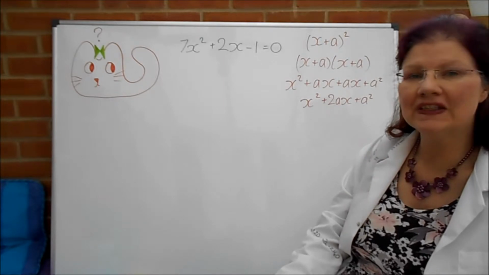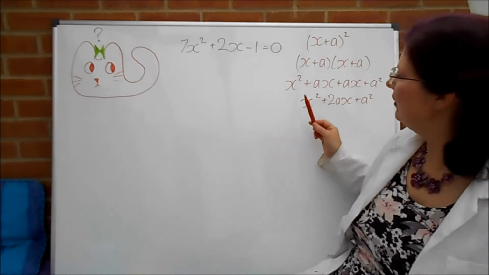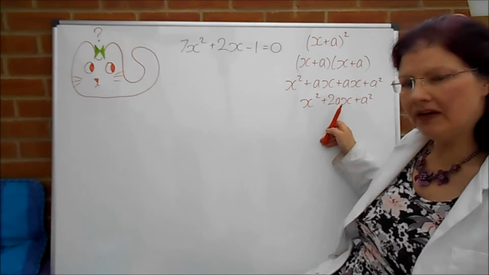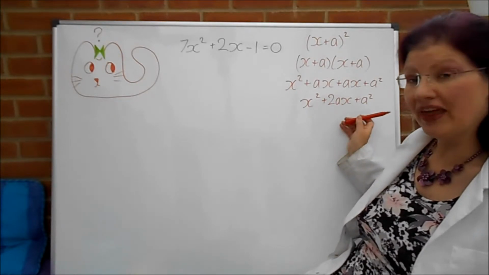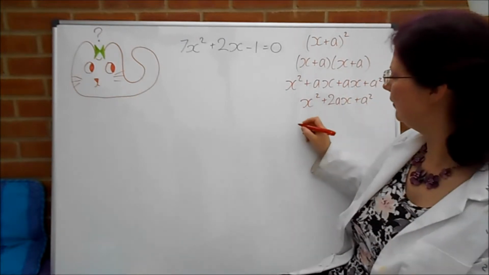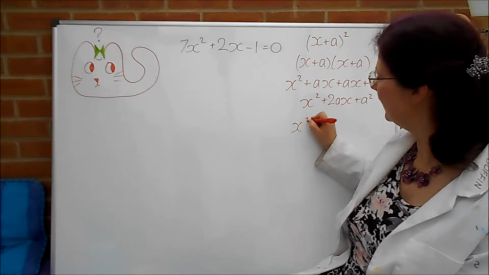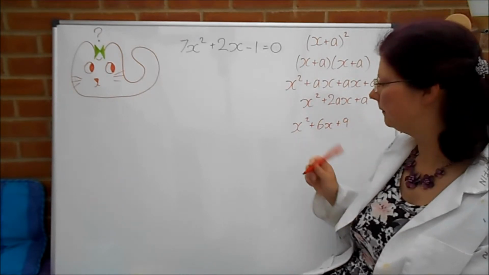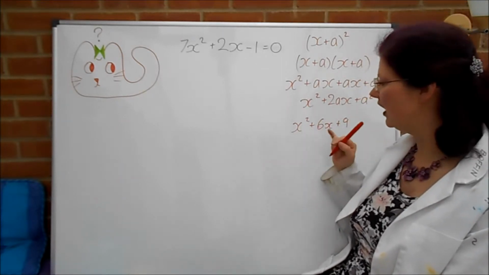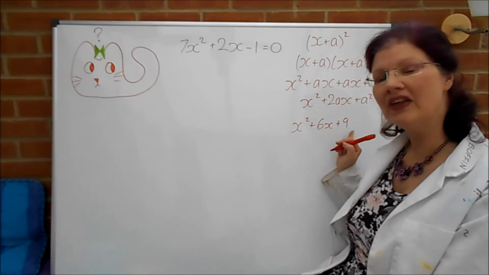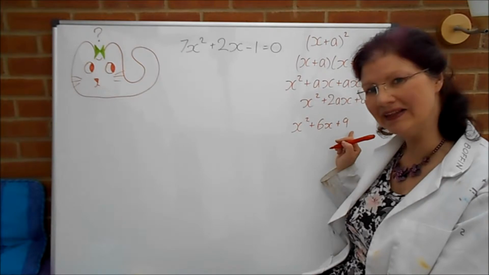The point of this is that any quadratic that's in the format of x squared plus double a number x plus that number squared will be a perfect square. For example, if I have x squared plus 6x plus 9, that is x squared plus a number doubled, that number of course is 3, plus that same number squared.